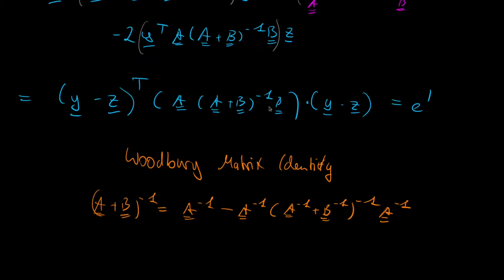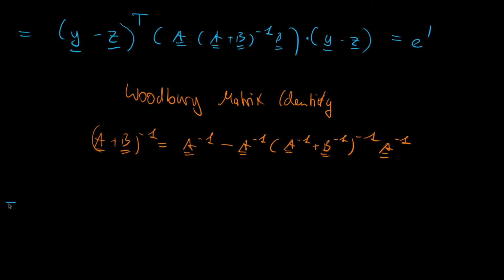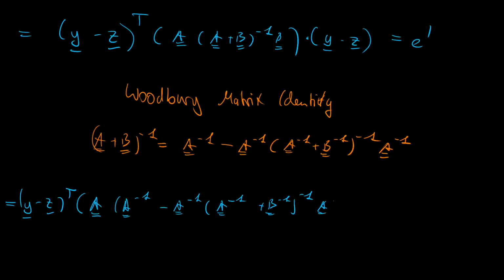Let us plug this result into our general expression, still for the e prime, and for this we are getting (y minus z) transpose times matrix A times the Woodbury identity, which is A inverse minus A inverse (A inverse plus B inverse) inverse A inverse, and then we have the B, and then (y minus z), and then let's multiply it out.